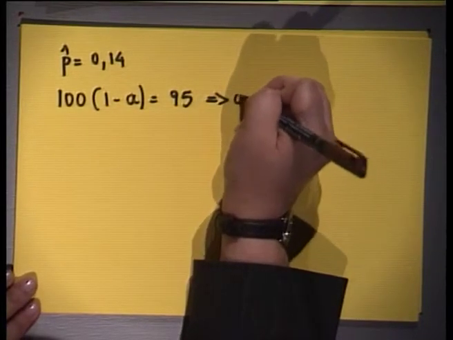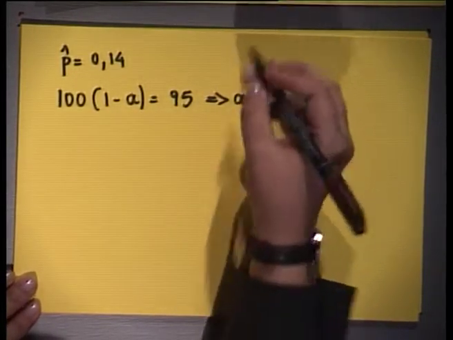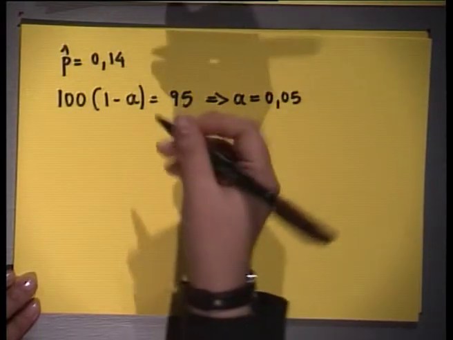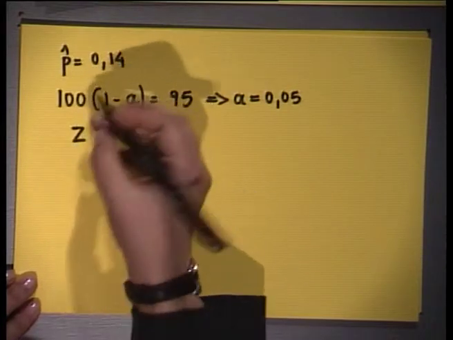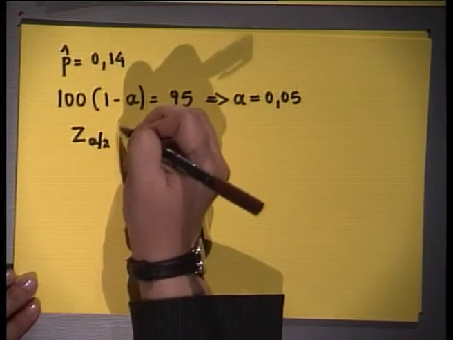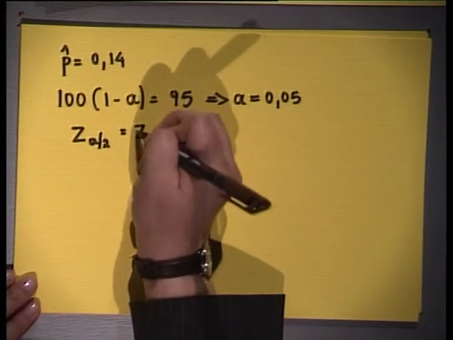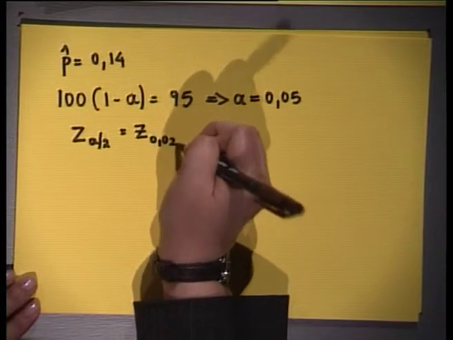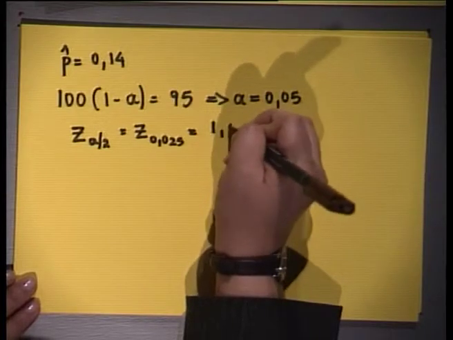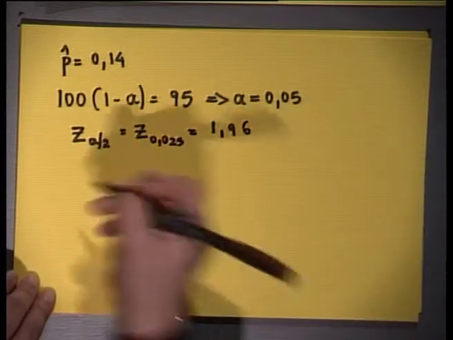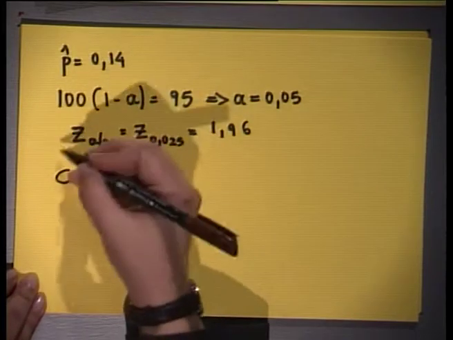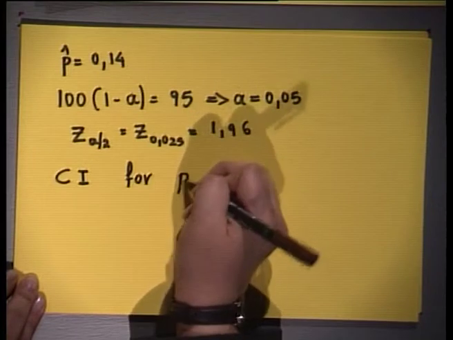In this case, A is 0.05, and so the point of the normal distribution at 0.025 is 1.96.